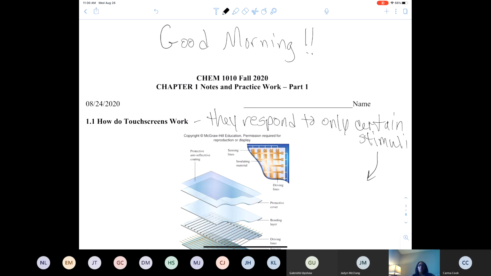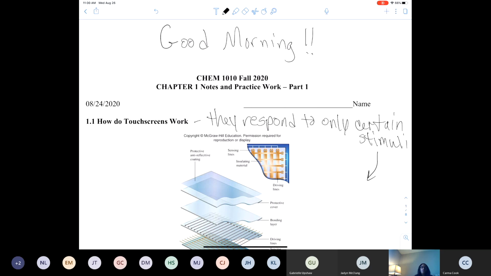And so today we're going to jump into Chapter 1, entitled Portable Electronics, the periodic table in the palm of your hand.